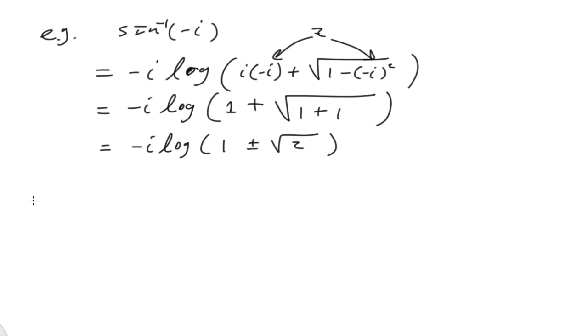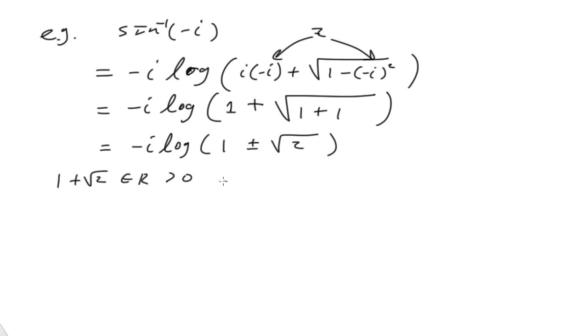So remember, log is continuous with the real natural log for positive real values at least. So we have to think here. 1 plus square root of 2 is a real number, and it's also greater than 0.